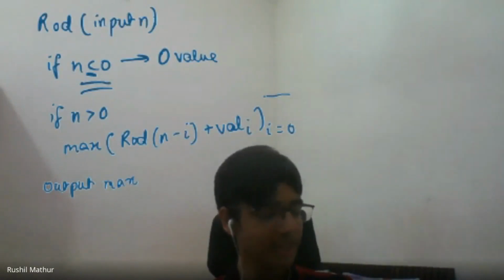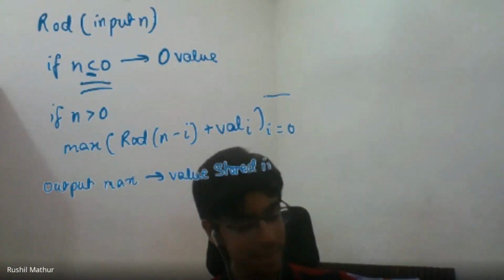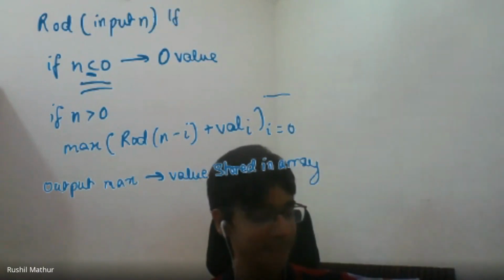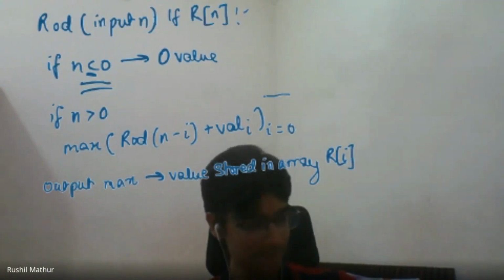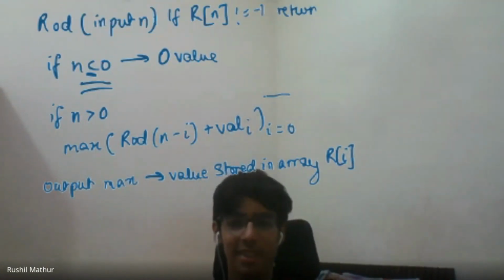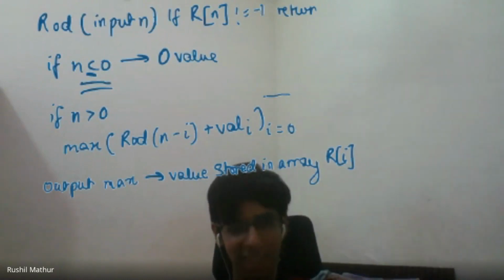And here we also remember this value stored in an array, and at the start of the function we say, if r of n is not equal to -1, then directly return it. Does everyone get the idea? I hope the coding parts are clear.